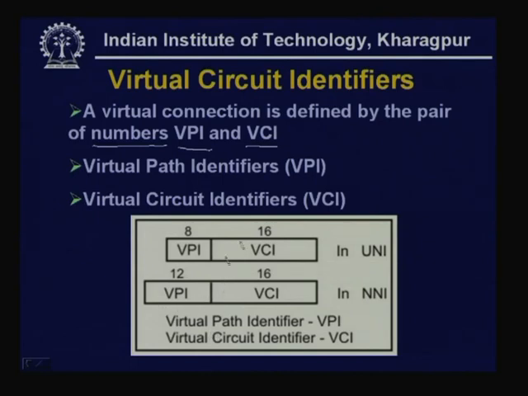So, as we can see, a particular virtual path is identified by 24 bit in case of user to network interface, and it has got 28 bit in case of network to network interface. That provides enormous number of virtual circuits to be created between an user and a network, and also between two networks, and obviously this number is much larger.